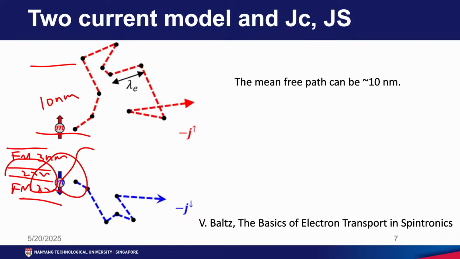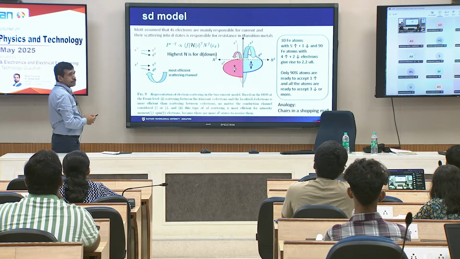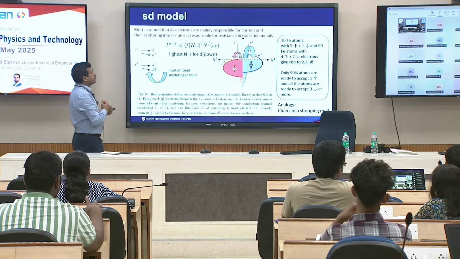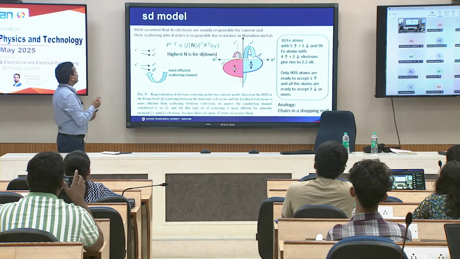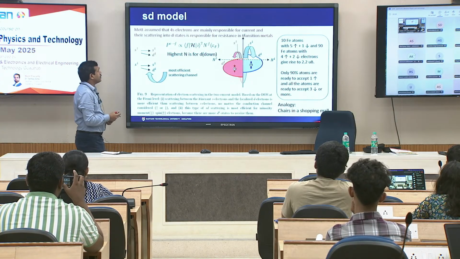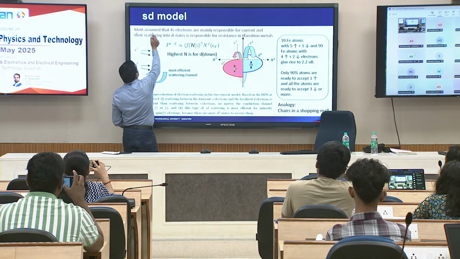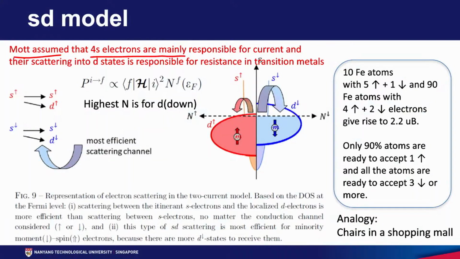Okay. So, what is new in this slide is that because of the two current model that we just introduced, now we are looking at two electrons. Okay. Spin up electrons go in one path, okay. Spin down electrons go in another channel. Okay. So, that is the first point of Mott's two current model. Okay. The second point of Mott's two current model is that Mott assumed that 4s electrons are mainly responsible for the current.